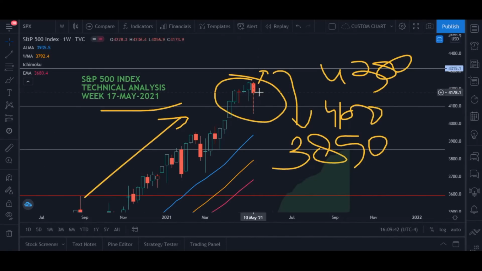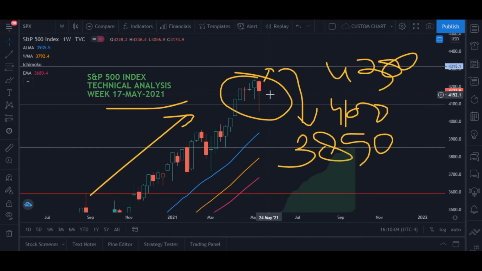So there is something wrong with the market, and I have said this before, and I have also said this for the Dow Jones. The Dow Jones is up by 8,500 points without any correction. So there is definitely something wrong with the market.